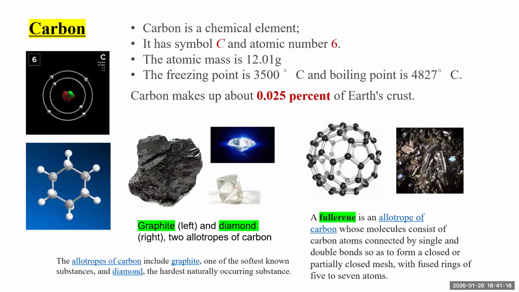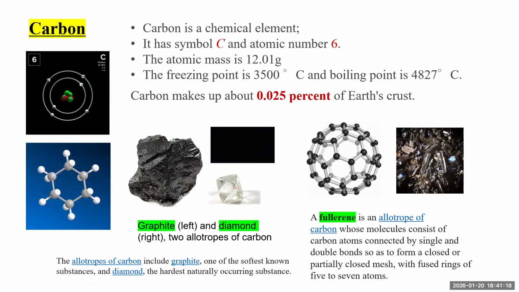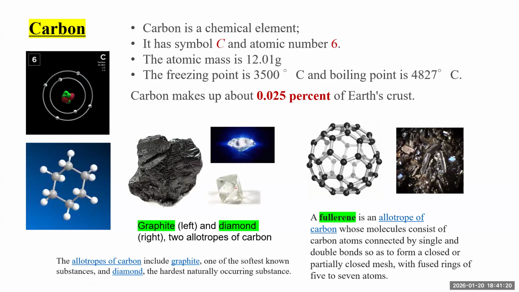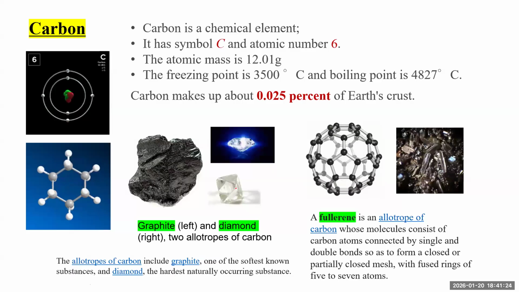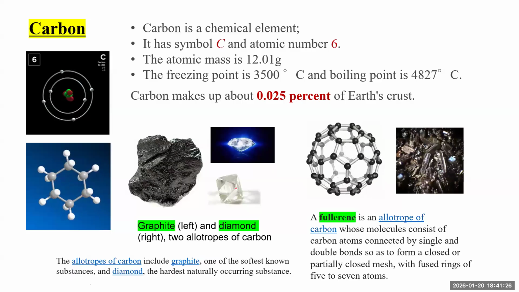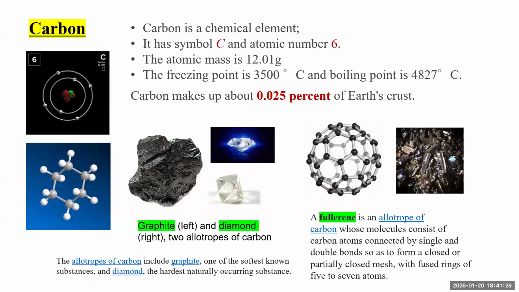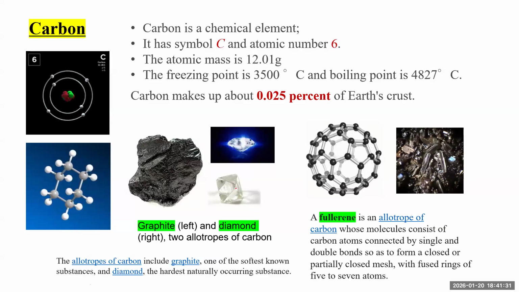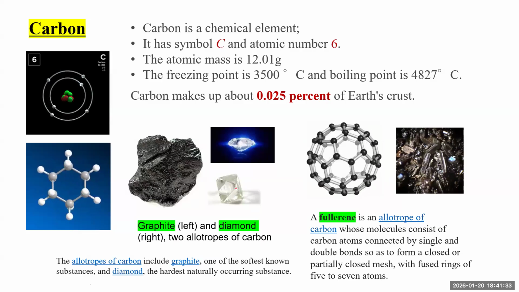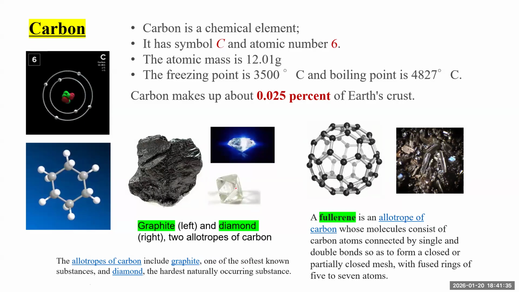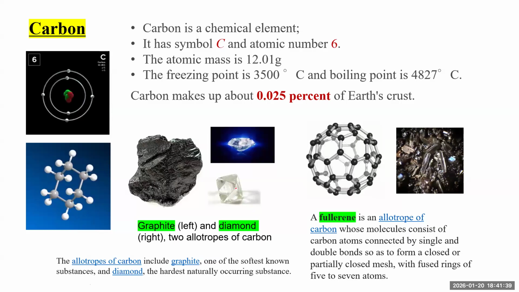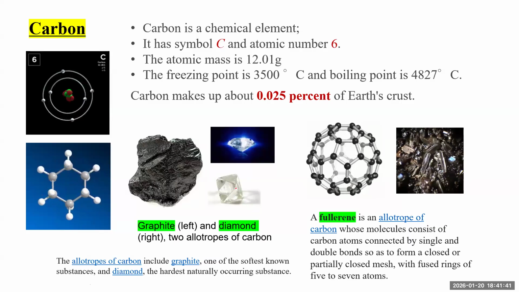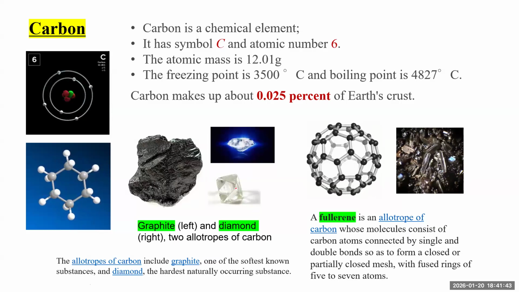Carbon is also a very hot element because it has other allotropes, like fullerene and carbon quantum dots. All of them are different allotropes of carbon. So different allotropes of carbon have become, I think, a very popular star in material science now.